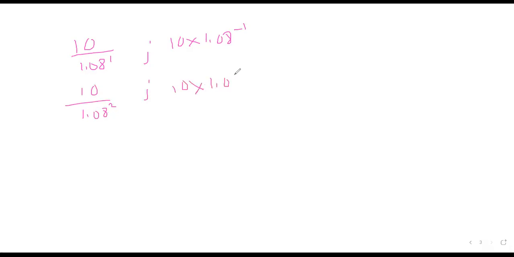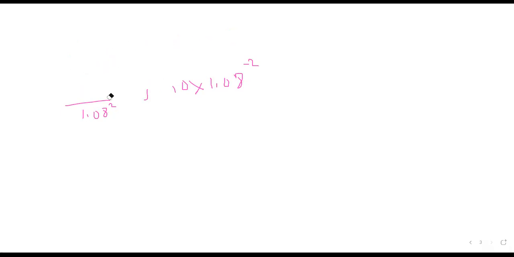If you have, for instance, 10 kwacha divided by 1.08 to the power 1, this is the same in mathematics as 10 times 1.08 to the power -1, because the negative means that it was dividing. It's one and the same thing, you're just using different versions. Is that clear? Yes, it is. Thank you.